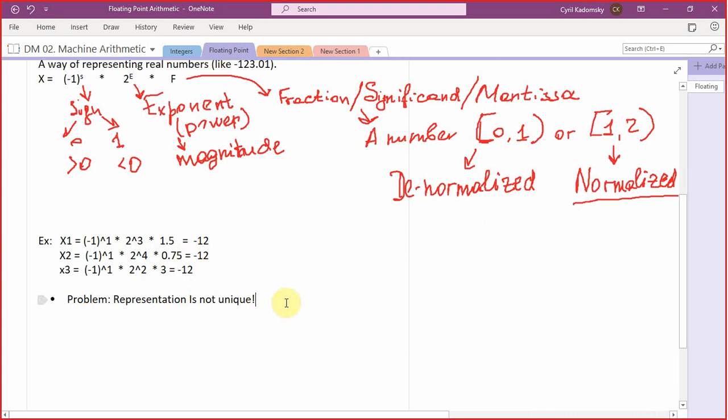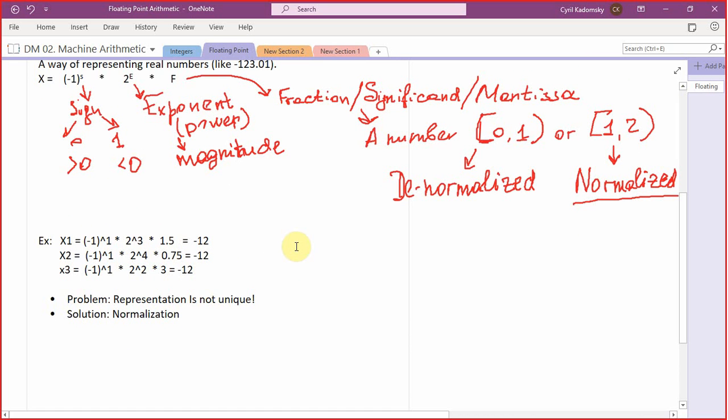The solution for this problem is called normalization, like this. And that is actually the word that we had here already.